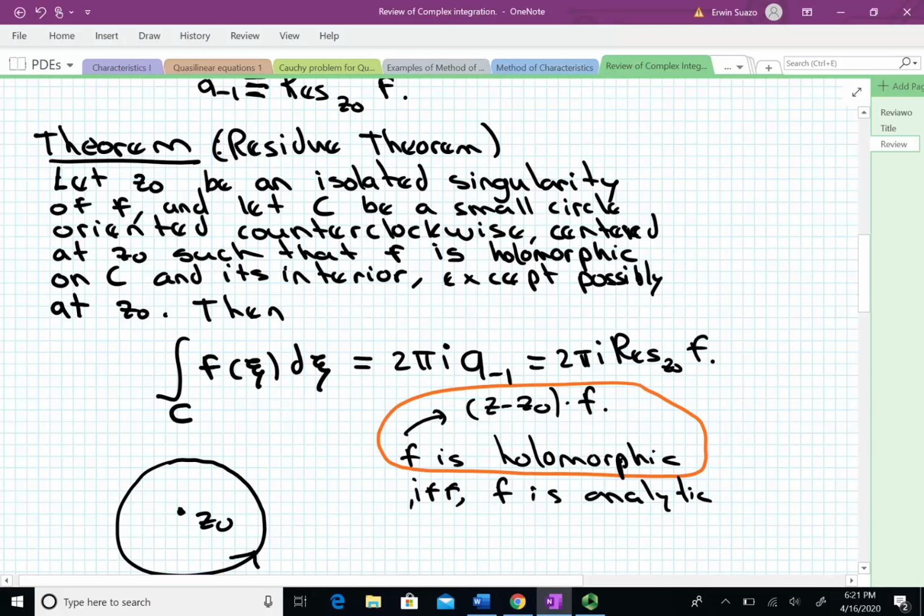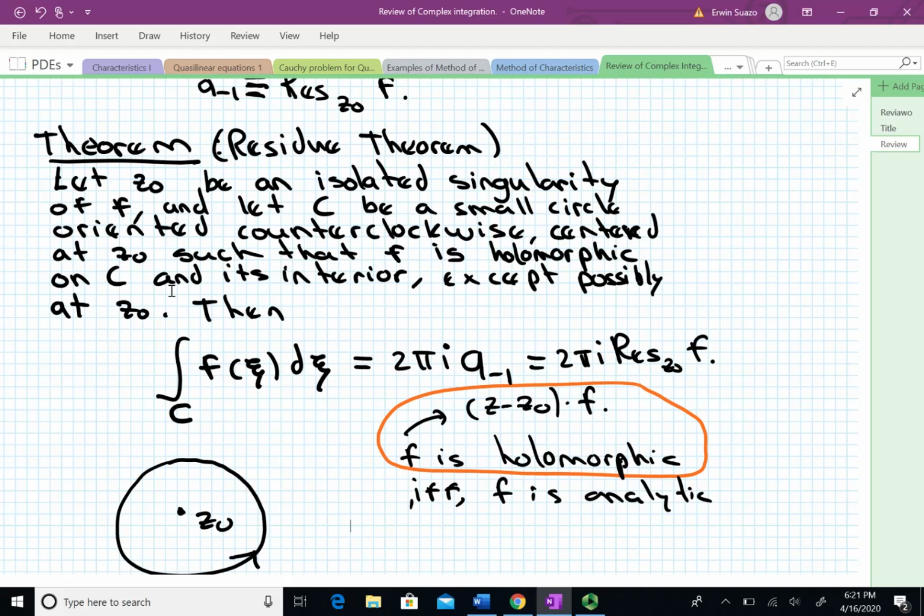So let c0 be an isolated singularity, just like the one I did, of f, and let C be a small circle oriented counterclockwise centered at c0, such that f is holomorphic on C. Holomorphic and analytic are basically the same thing, so I'm going to call it holomorphic, I'm going to call it analytic.